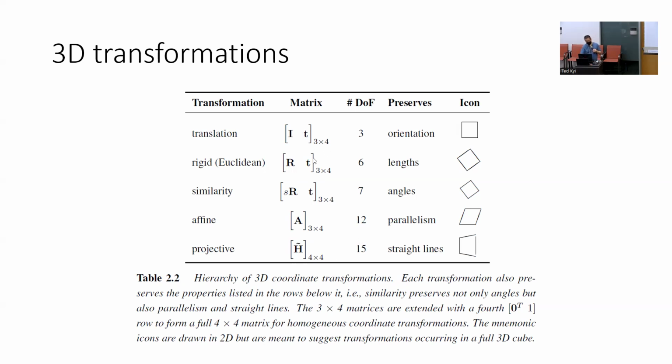It's just you have different sized transformation matrices that then operate on our four-dimensional homogeneous coordinates now in 3D, but it's the same concept. Again, translation, rigid Euclidean, similarity, et cetera, et cetera. But the one thing we're going to do is we're going to drill into 3D rotations because, was that a question? Yeah.